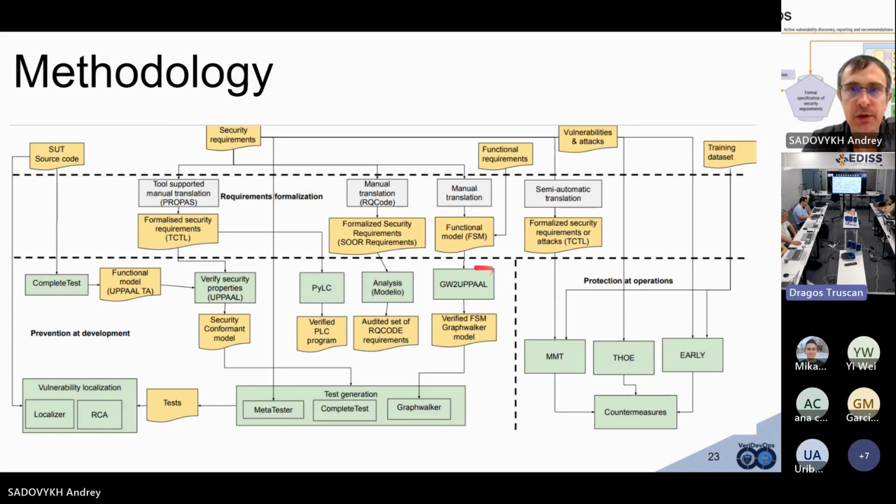Various tools have different inputs, but the original inputs are pretty much the same for all the tools, like security requirements documents and functional requirements documents, that through several steps like NLP or manual translation are transformed into specific artifacts for specific tools, like functional models, state machines, and UPPAAL. So formalized security requirements with TCTL are also verified for conformity.